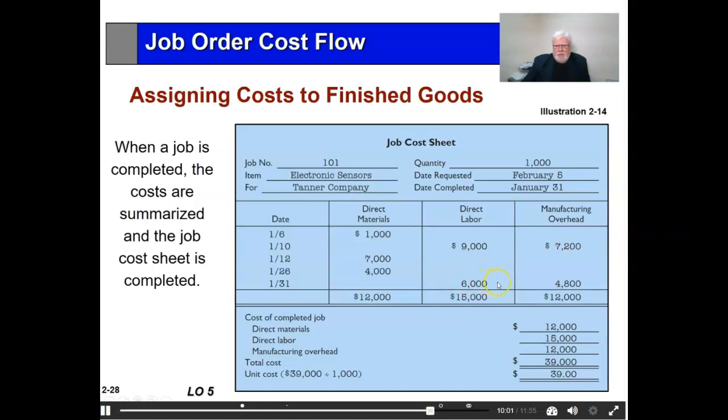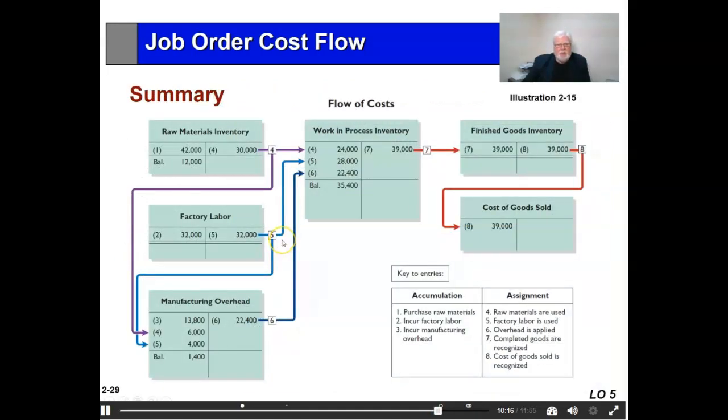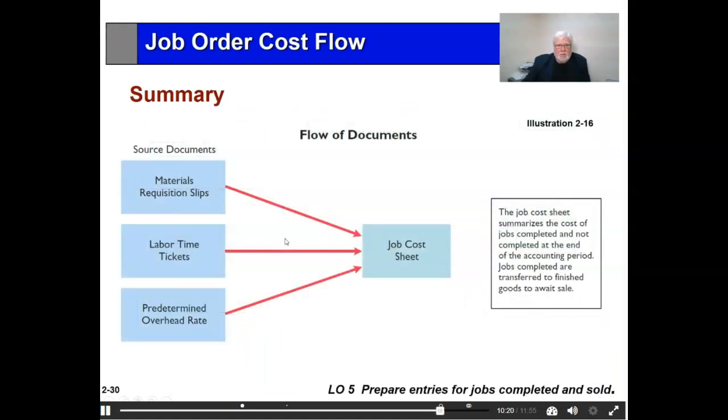At the completion of the job, it was 15,000 direct labor. We assigned 80% of 15,000 or 12,000. Now there were 39,000 units made. So no, it was 1,000 units, so it's $39 per unit. And there's a summary of your job order cost flows.